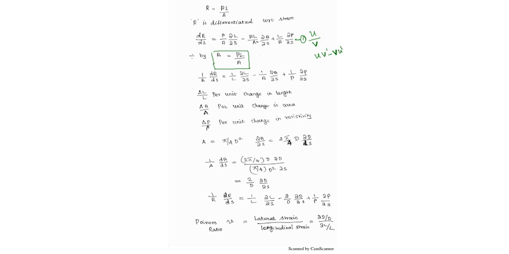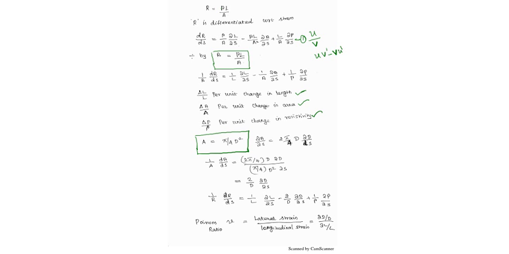What does this mean, this del L by L, del A by A, del rho by rho? These are all related to the dimensions. So we can call them the unit change in length, unit change in area, and unit change in resistivity.